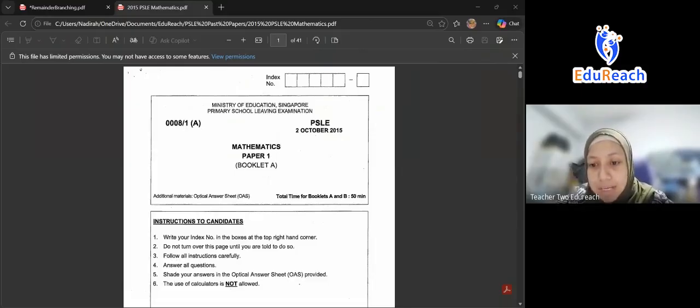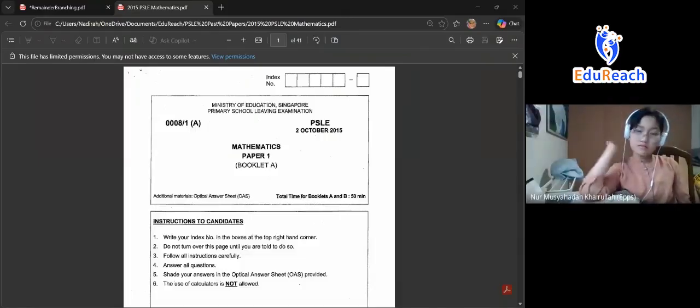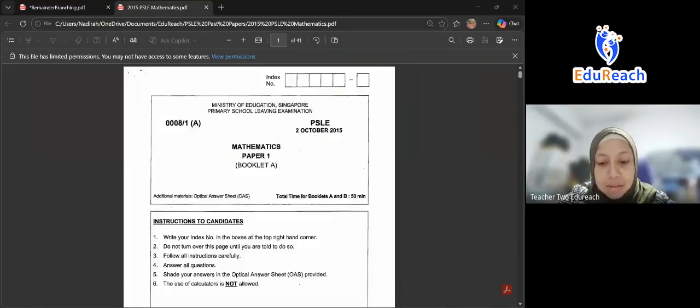Can see or not? Shada can see? Yes, I can see. Adam and Shayan can see or not? And I can see.